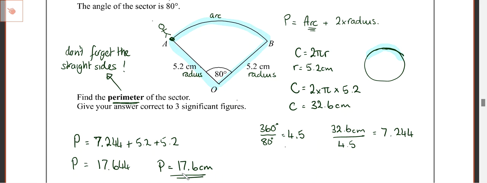Yeah? What did you do? I thought that stuff because it was like radius times 2, so I did like 5 times 2.